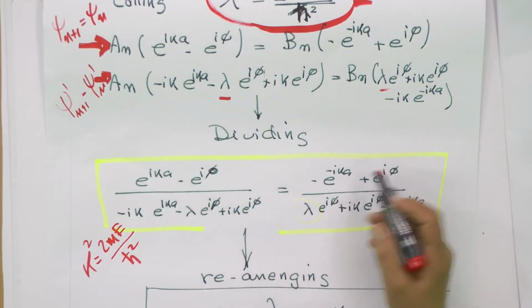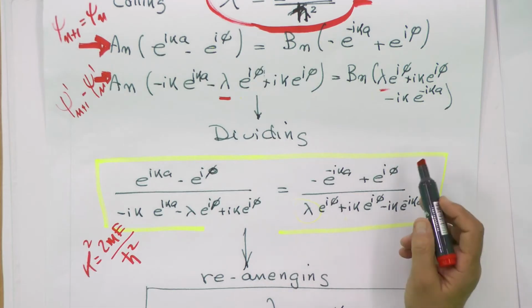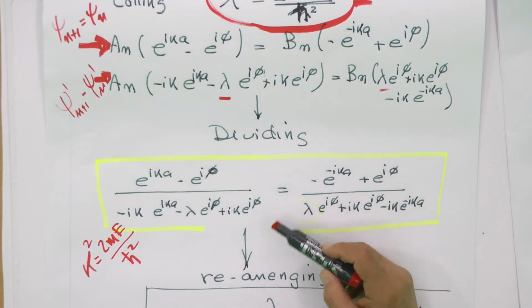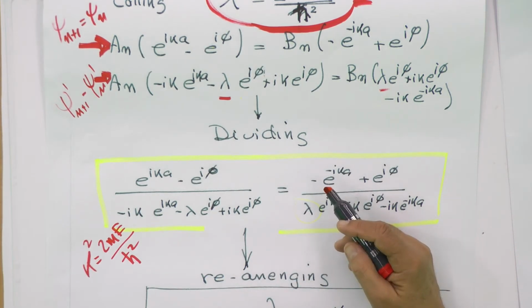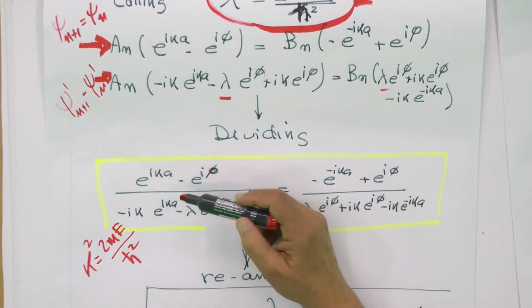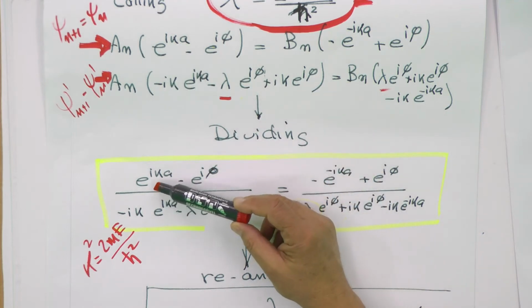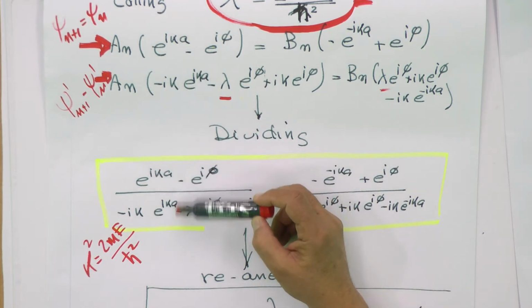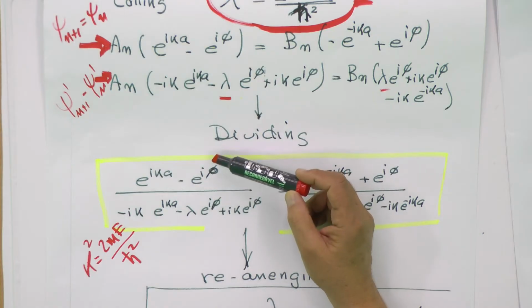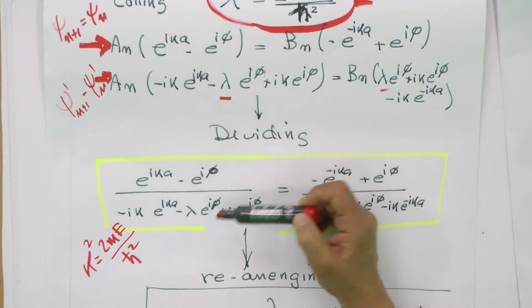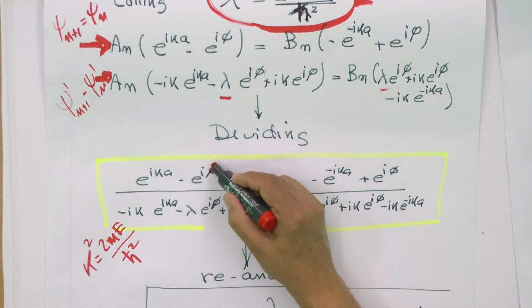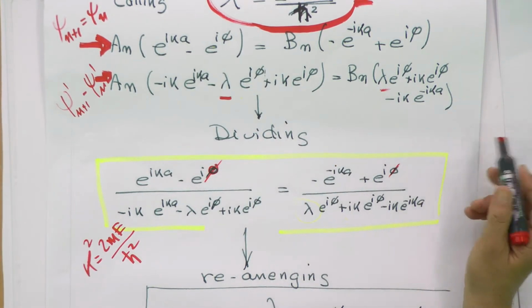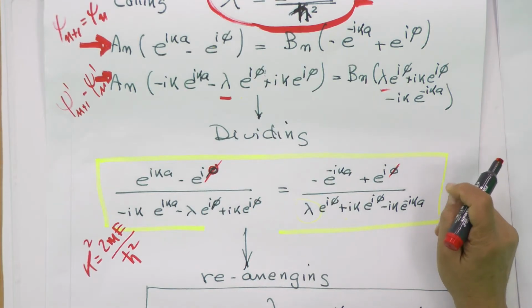Now, when we have a relation like this, it's very nice to multiply, divide by things, rearranging terms in a way that I get terms like e to the ika plus or minus e to the minus ika. The same with phi. Phi is the phase here, an arbitrary phase. I don't know what this phase is. And you're going to see that it's not really the important thing.